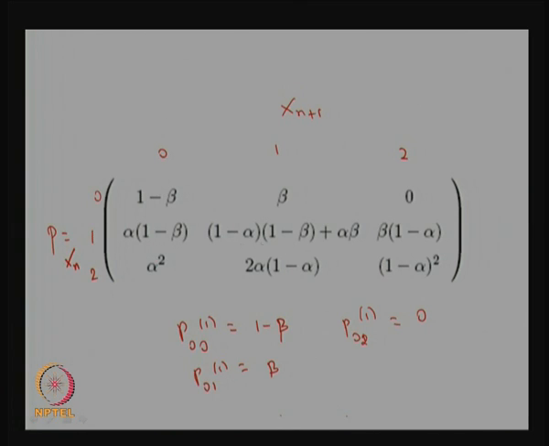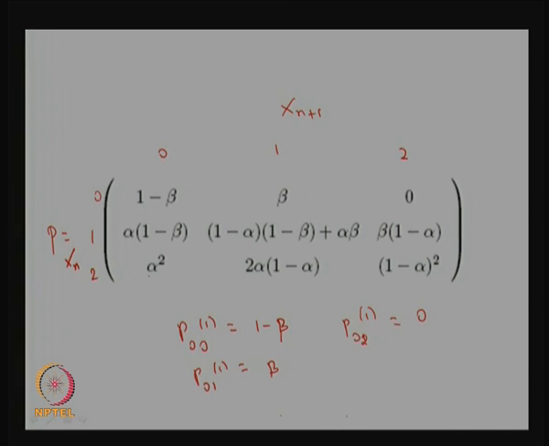And similarly, you can evaluate the other elements also. For example, the system going from state 2 to 0 is nothing but at the nth step 2 machines are in working condition, and in the n plus 1th step 0 machines are in working condition.